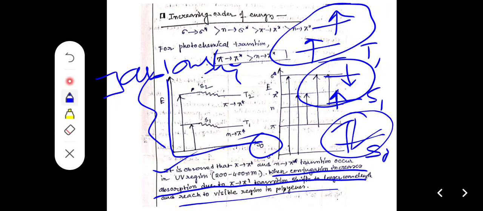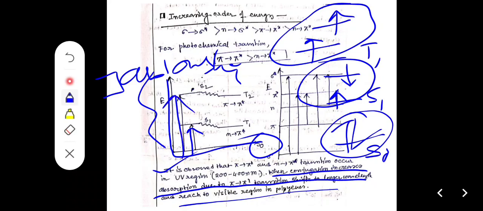Okay. First one, S0, that is the ground singlet state, absorbs some amount of energy and goes to S1. And another molecule absorbs more energy, so it goes to S2.